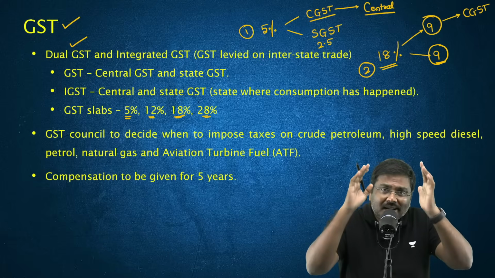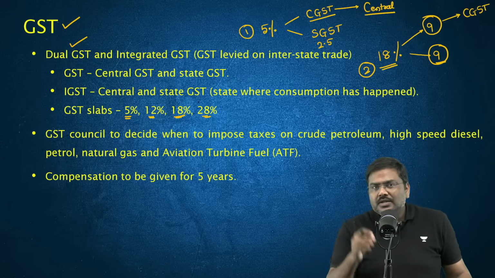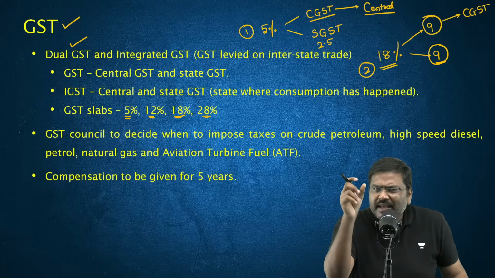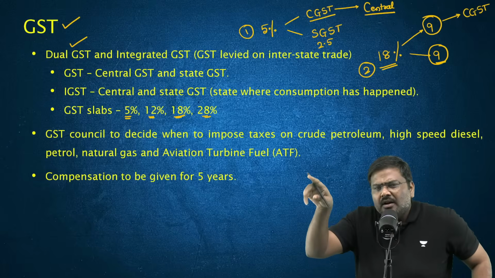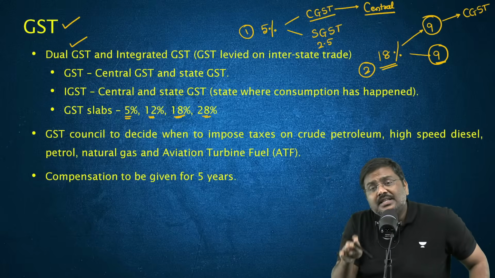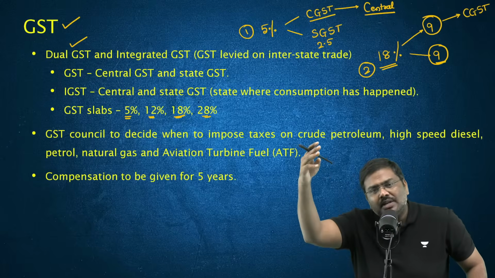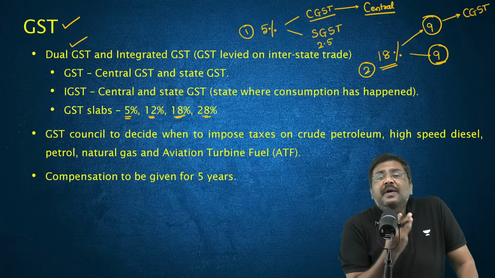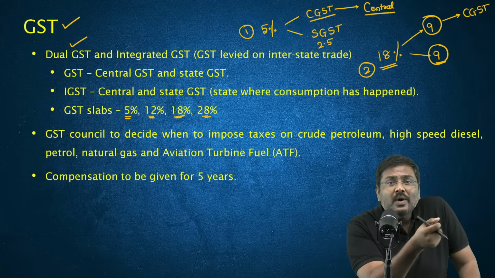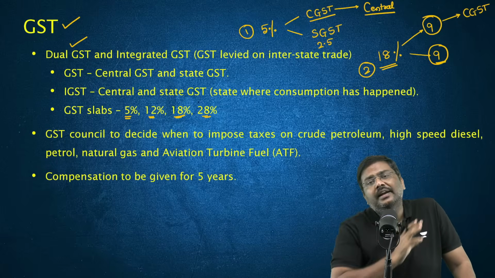Is it very clear to all of you? So SGST will go to the state where the good is consumed. CGST anyway will go to the central government. This is the model of the dual GST that we are following in India.